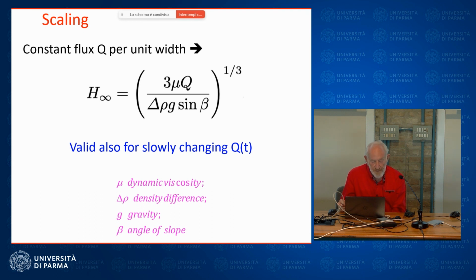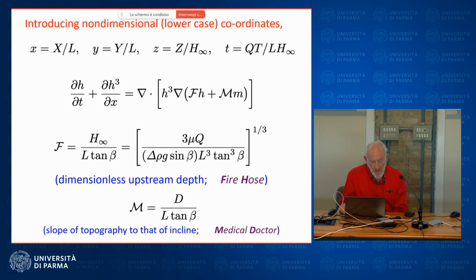And of course what happens in real lava flows is that there's a slowly varying change in the flux, and so this is correct. And I've shown in the bottom in pink more or less what all the variables are.